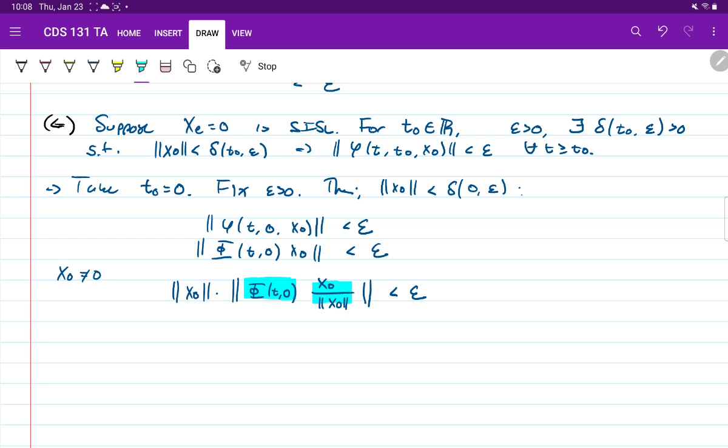If I take the supremum over all x naught satisfying norm of x naught less than delta of 0 comma epsilon, what I'll find is that this inside gives me the definition of the operator norm of phi.